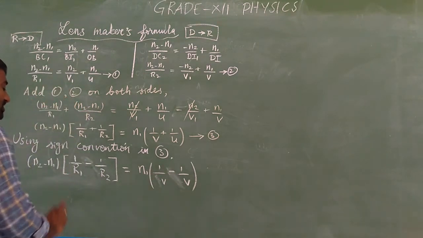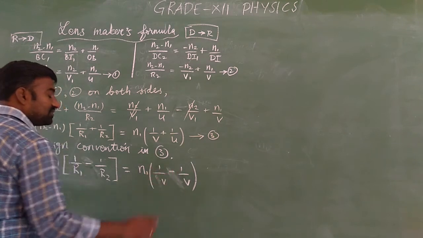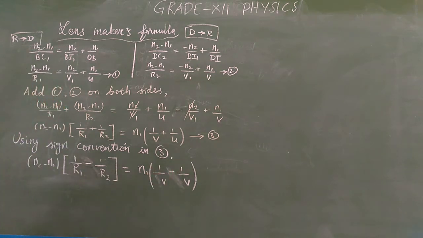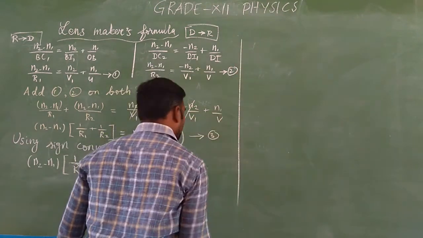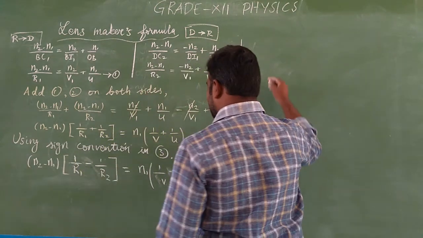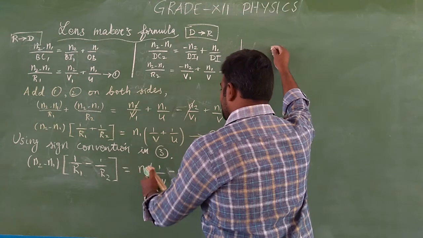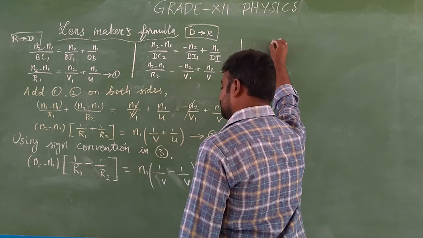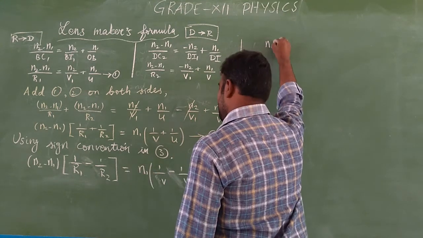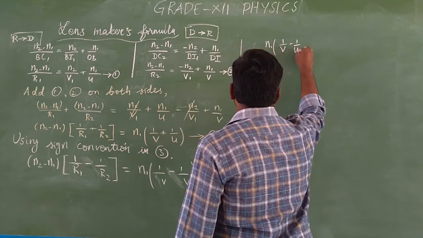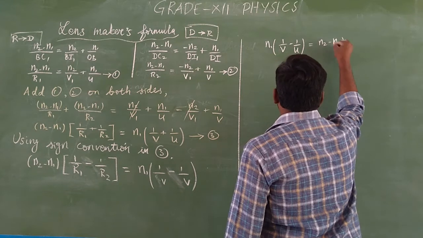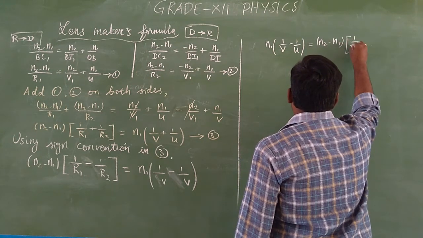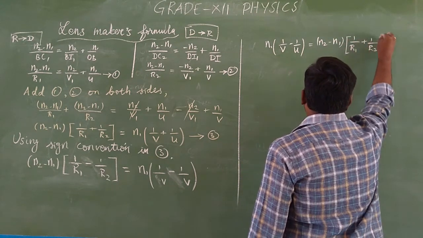So this equation looks like the lens formula. What is the lens formula? We'll write it separately. According to the lens formula, N1 into 1 by V minus 1 by U, which is equal to N2 minus N1 of 1 by R1 plus 1 by R2.